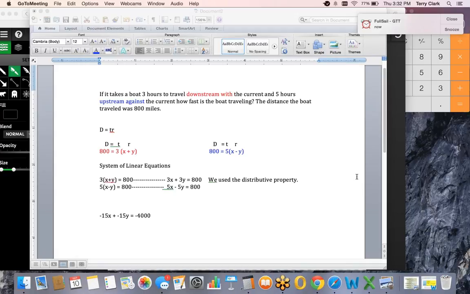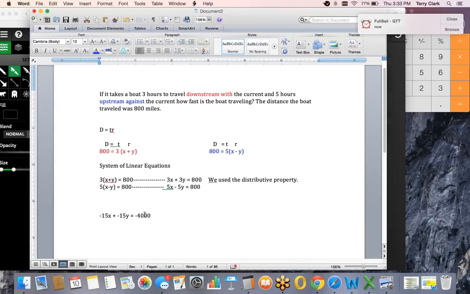So we distribute by multiplying whatever is on the outside of the parentheses by whatever is on the inside of the parentheses. 3 times 1 is 3. 3 times 1 again is 3, and so we got 3x and 3y. So that's how we come about that.